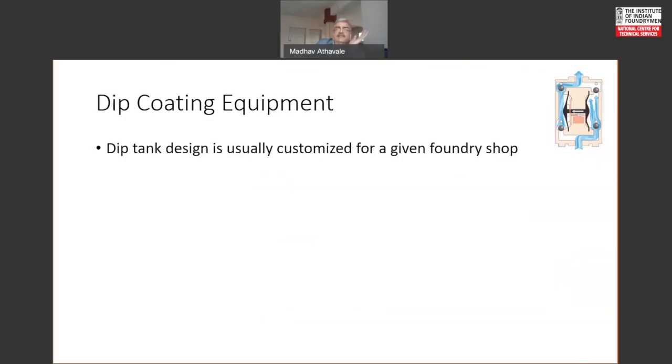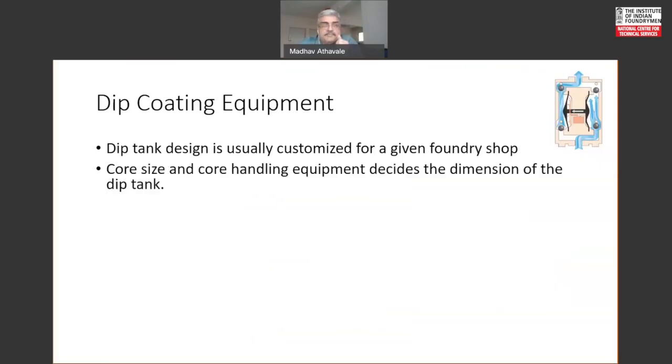Now, dip tank designs are usually customized for a given foundry shop, depending on the type and the size of the cores which are going to be dip coated. The geometrical dimensions and shape of the dip tank need to be decided.